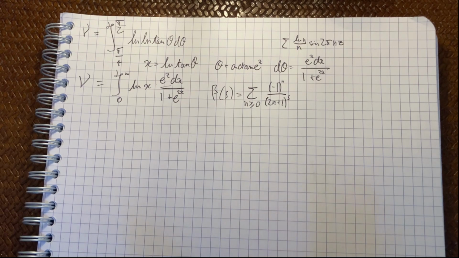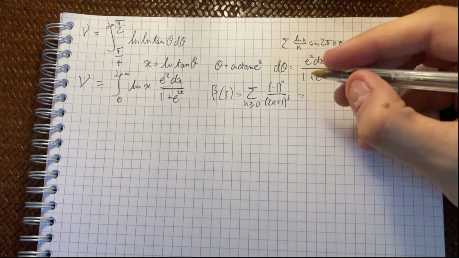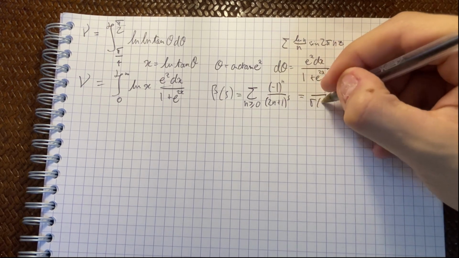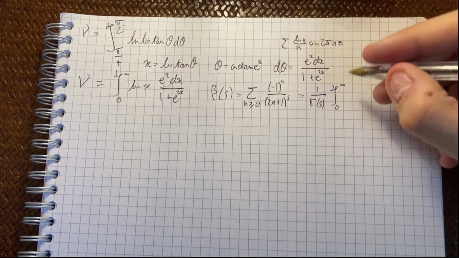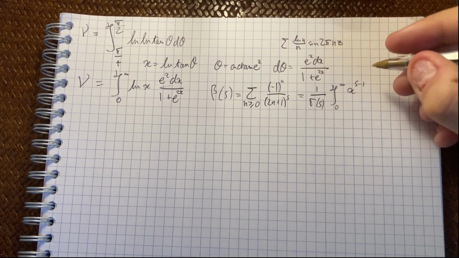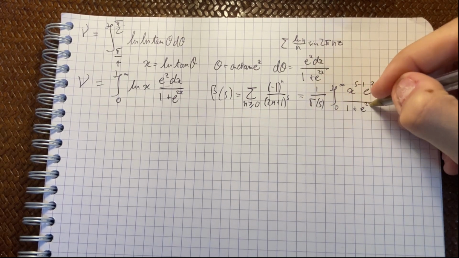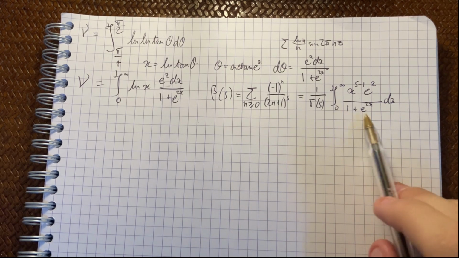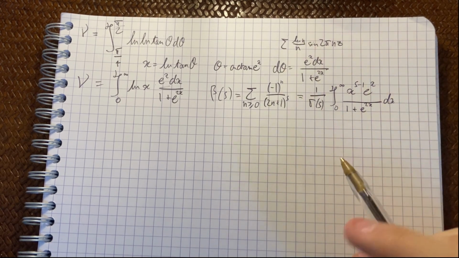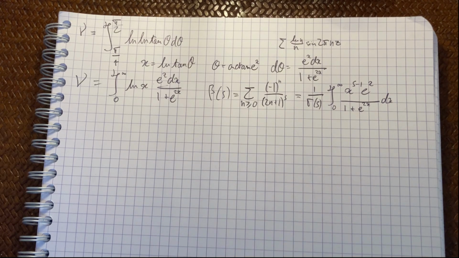And we can prove, I'm not going to do it right now, that beta of s equals 1 by gamma of s times the integral from 0 to infinity of x to the s minus 1 times e to the x divided by 1 plus e to the 2x dx. We can just do a series expansion in this integral, and the proof of this formula is pretty easy, but anyway.